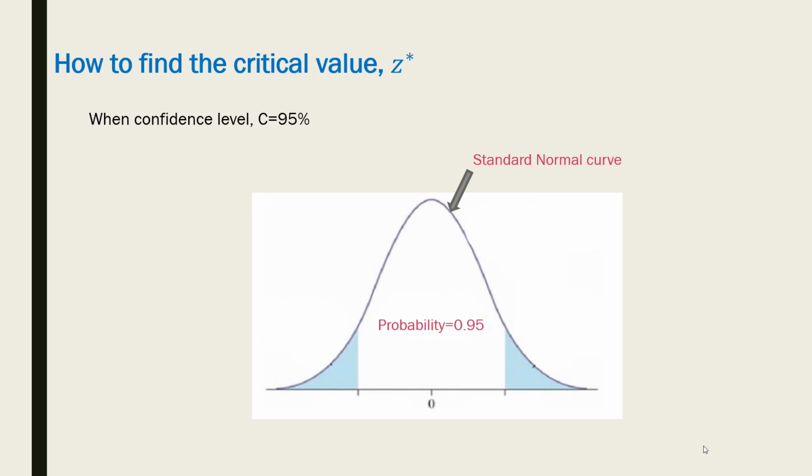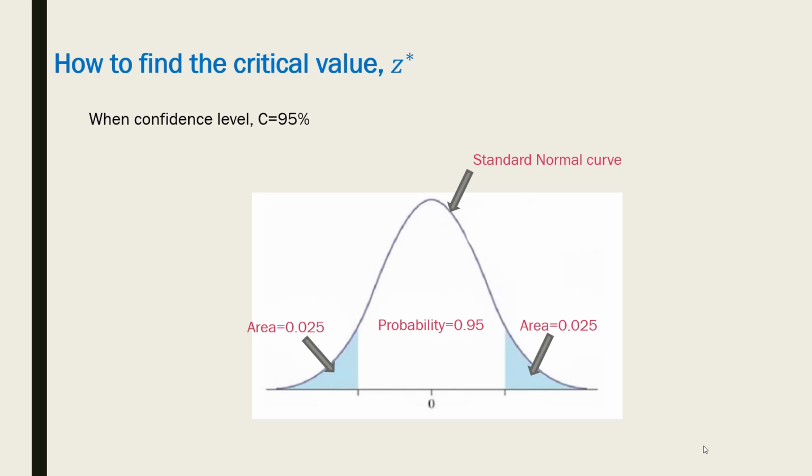It means probability equals 0.95. The area, white color area under the curve, has the 0.95. If it is 0.95, what can you tell about the corners, blue color area? Yes, those must be 0.025 each. Why? Total area is 1.